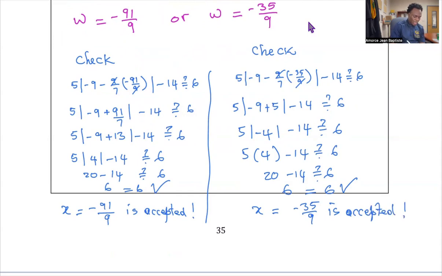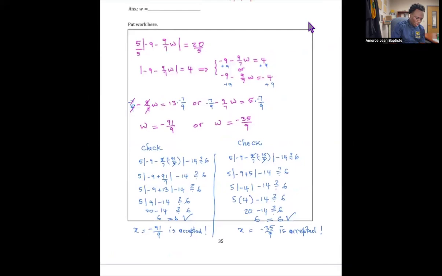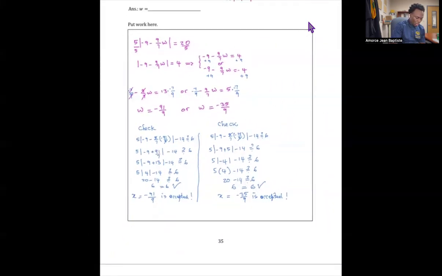So both accepted. Then we have the solutions for the absolute value equation that are -91 over 9 and -35 over 9.